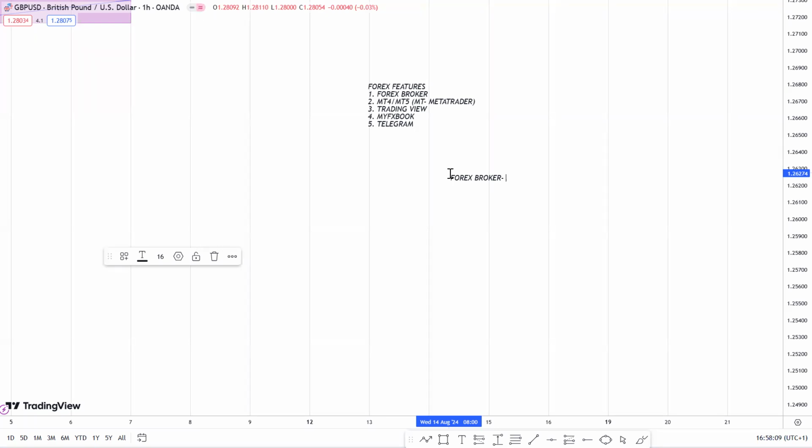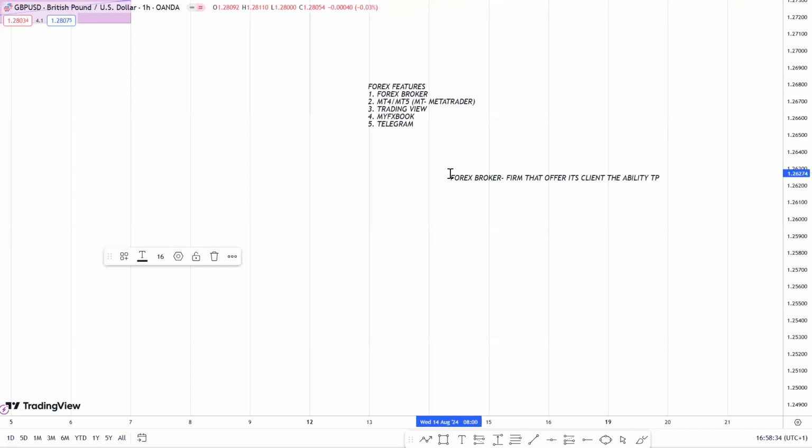So forex brokers are firms that offer clients the ability to trade foreign currencies.